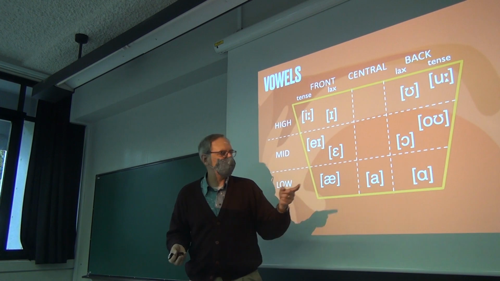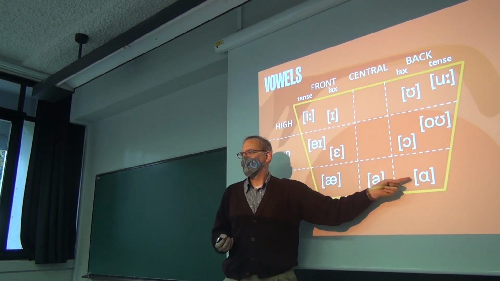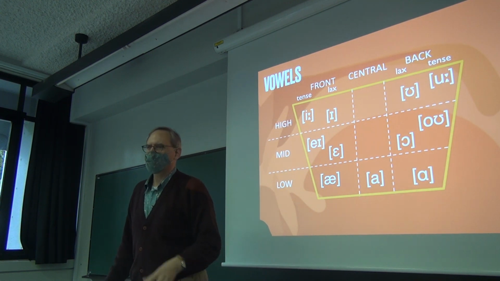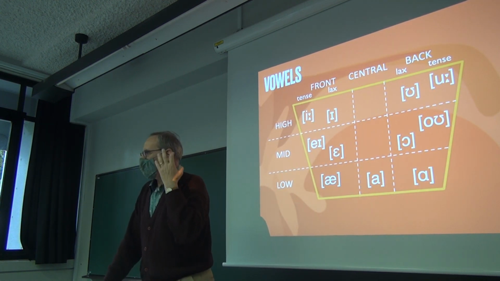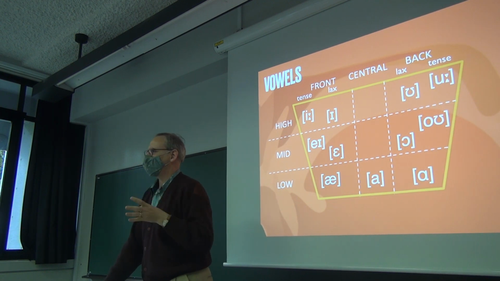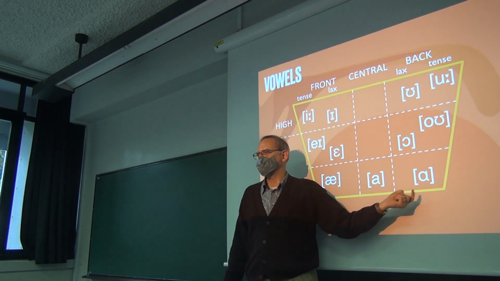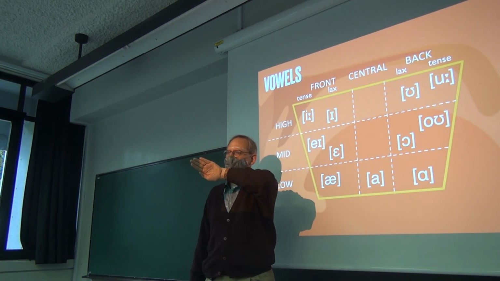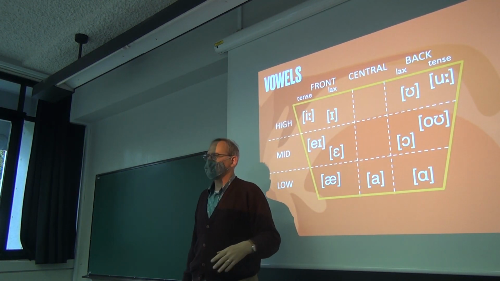And if you use this sound in Japanese or this sound in English, people don't really notice the difference. Although they may say, oh, he has a little bit of an accent. I don't know what's different. Well, we can measure the difference. And the tongue position is a little further back and a little lower in English.